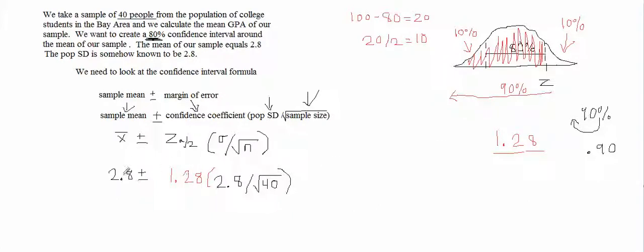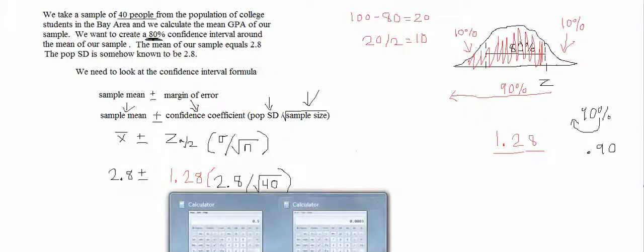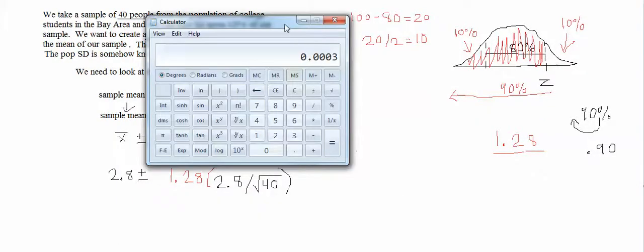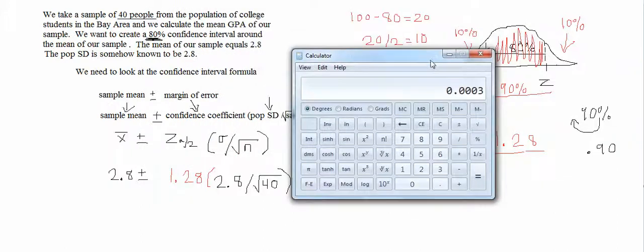Then the confidence interval is just all of this multiplied out. You can check me on this.